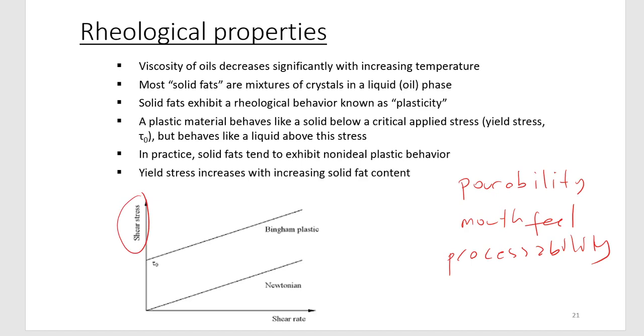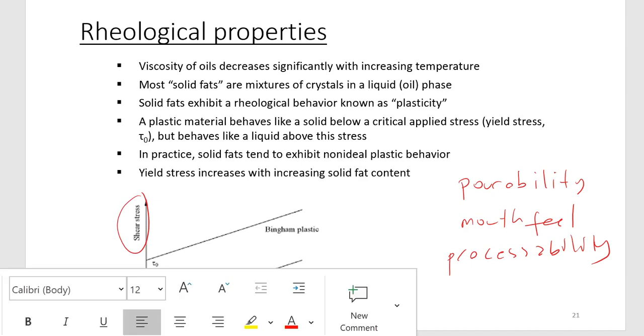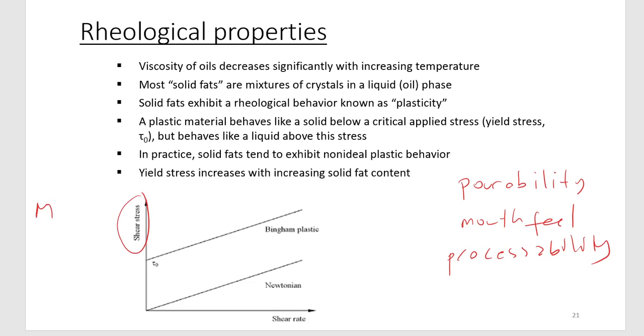A shear stress can be like mixing of oil or fat, pouring, and shear rate indicates how fast an oil or fat flows when this shear stress is applied.